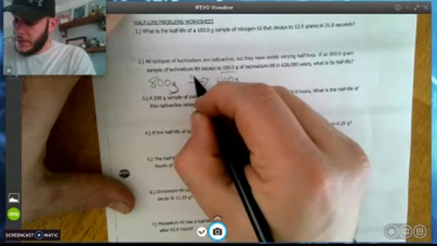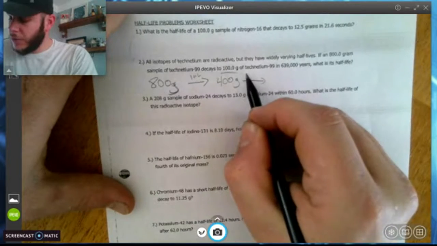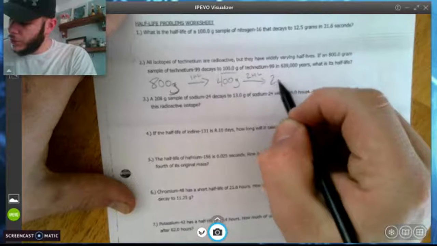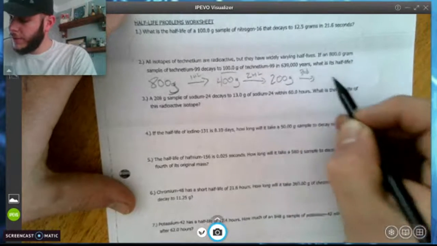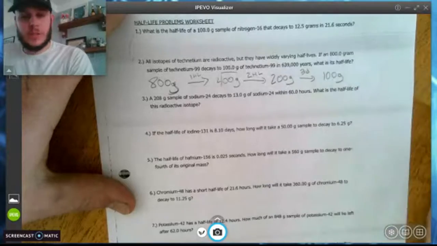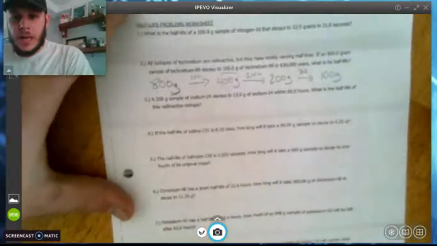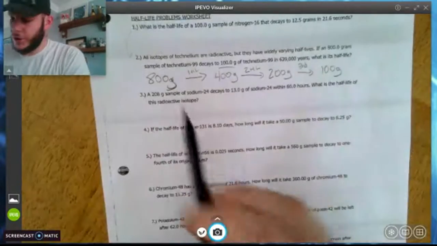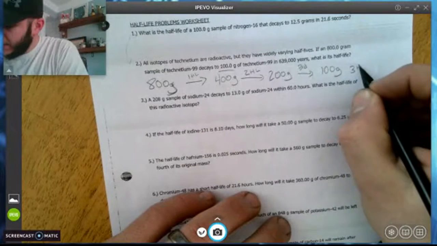Two half-lives total would bring me to 200 grams. And a third half-life cycle would bring me to 100 grams. So I figured out how many half-life cycles it took to go from 800 to 100.